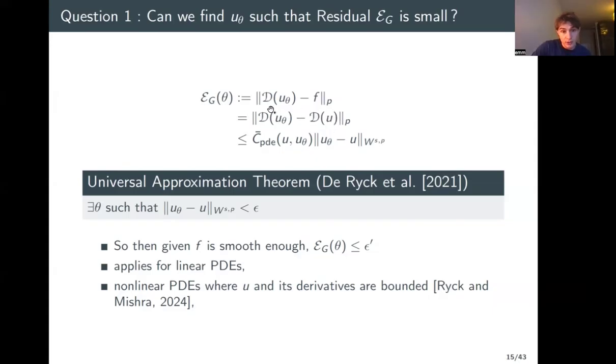If we have this bound, which is a coercivity type bound, so if we can bound this value by a constant that may depend on the solution times some Sobolev norm of u theta minus u, then leveraging universal approximation theory in the context of a Sobolev norm, we can show that we can find a u theta such that the Sobolev norm is bounded by epsilon, and then we can put epsilon over here, and then we can bound the overall quadrature error.